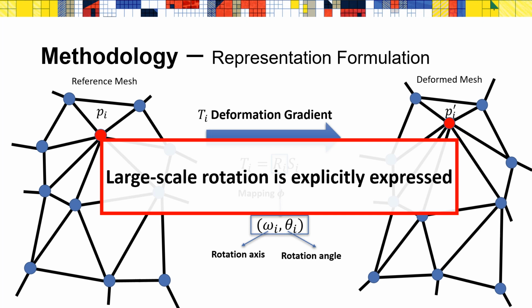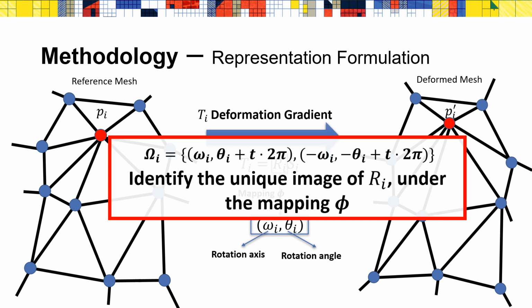So we want to know which rotation axis is correct and which cycle of the rotation angle is correct. So here we want to find the solution in this solution space. The solution space is like that. The rotation axis has two directions, and the rotation angle has multiple cycles. We want to identify the unique image of the rotation representation.